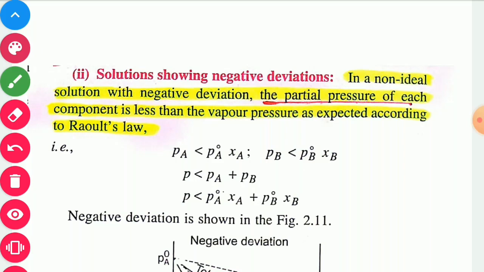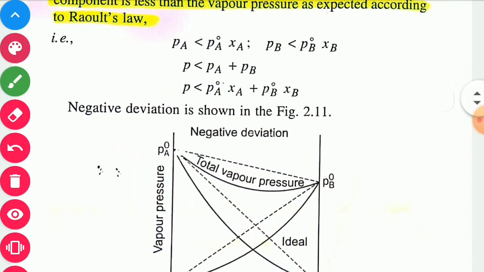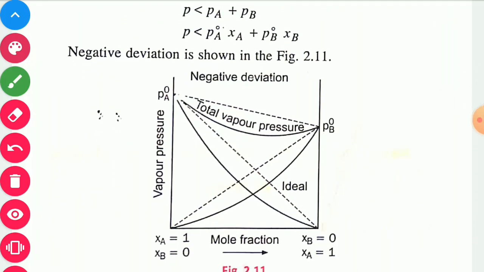For the negative deviation, there is one graph given. In this graph, on the x-axis mole fractions are taken, and on the y-axis vapor pressure of pure components is taken. On the left side of the x-axis, when the mole fraction of component A, that is XA, is equal to 1, then the mole fraction of component B is equal to 0.